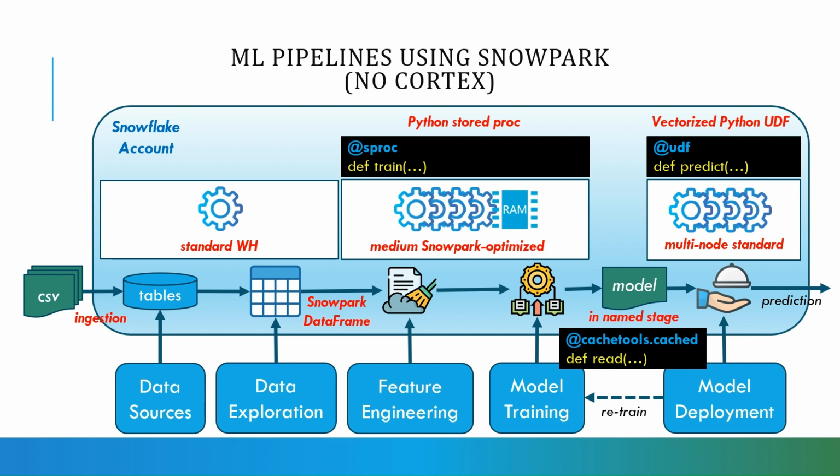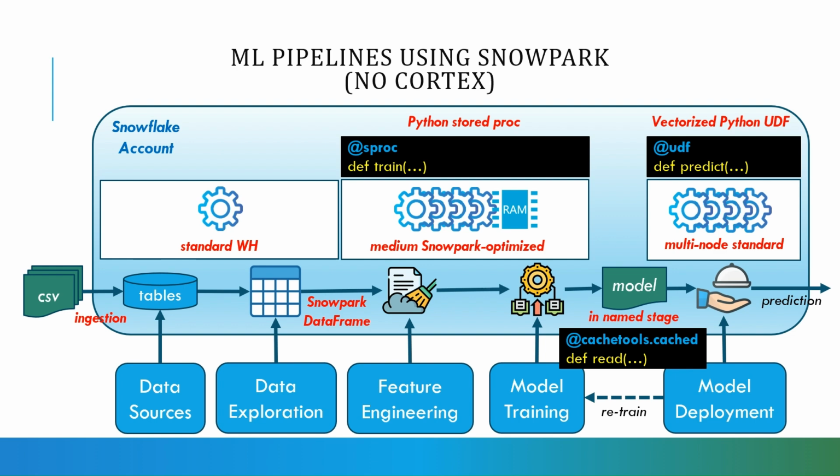You had specific classes with specific fit and transform functions that you could deploy into a stored procedure and execute in a Snowpark-optimized warehouse on the server side. But you had to write the stored procedure yourself, taking care of details like providing a stage and so on. The model itself was saved eventually in a named stage, and you could use a cache, with cache tools, just to serve it in a better way.